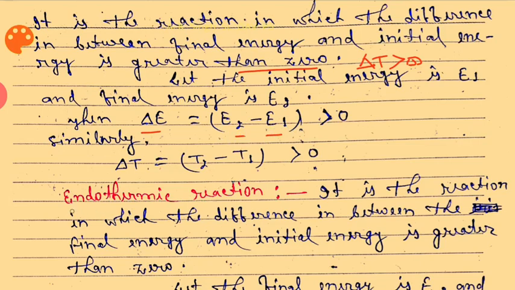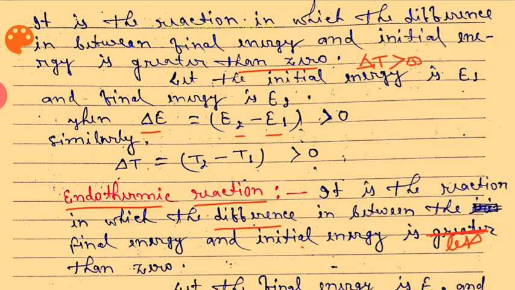Here del E is equal to E2 minus E1 and greater than 0. Now other topic is endothermic reaction. What is endothermic reaction? It is reaction in which the difference in between the final energy and initial energy is less than 0. Here greater is written, right?